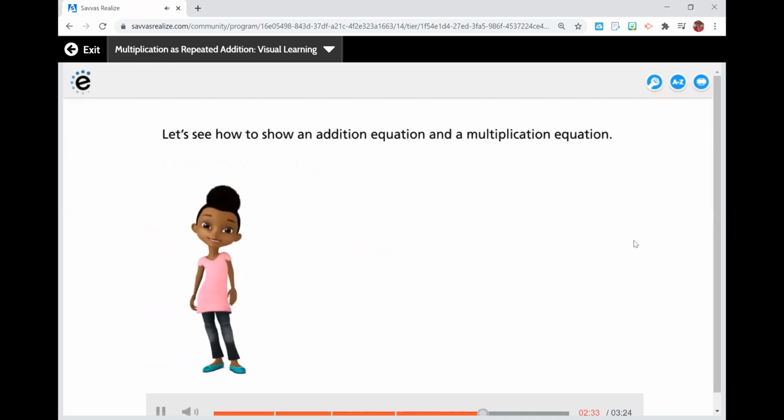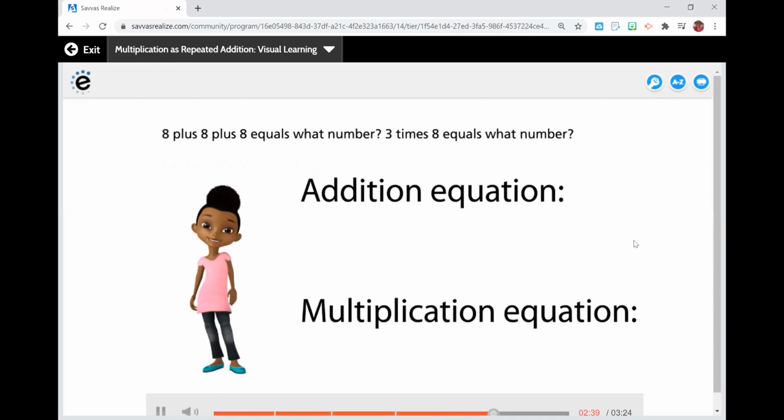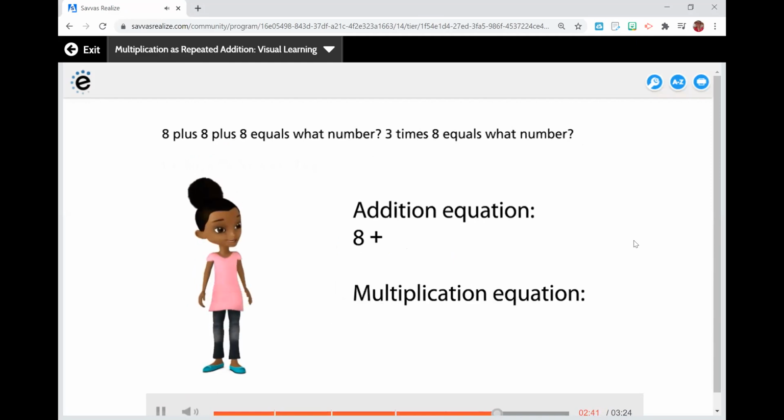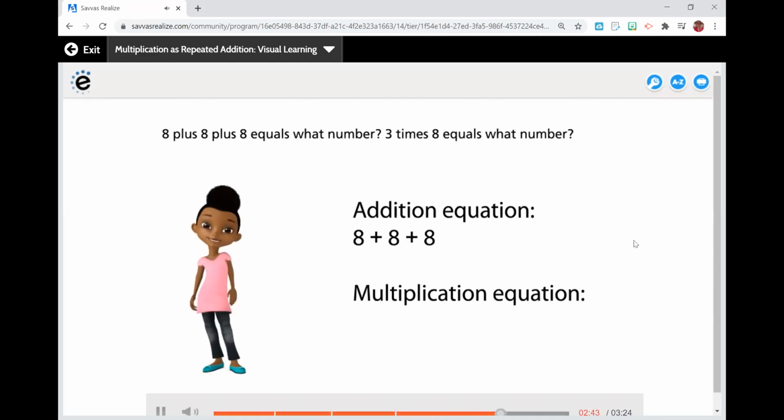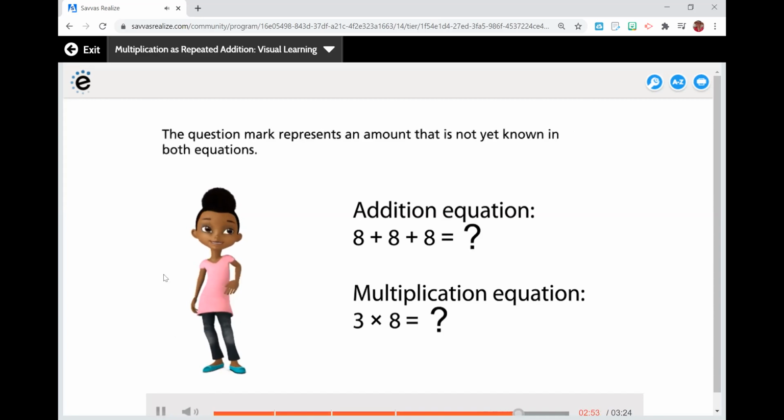Let's see how to show an addition equation and a multiplication equation. 8 plus 8 plus 8 equals what number? 3 times 8 equals what number? Go ahead and write me what the answer is. The question mark represents an amount that is not yet known in both equations.